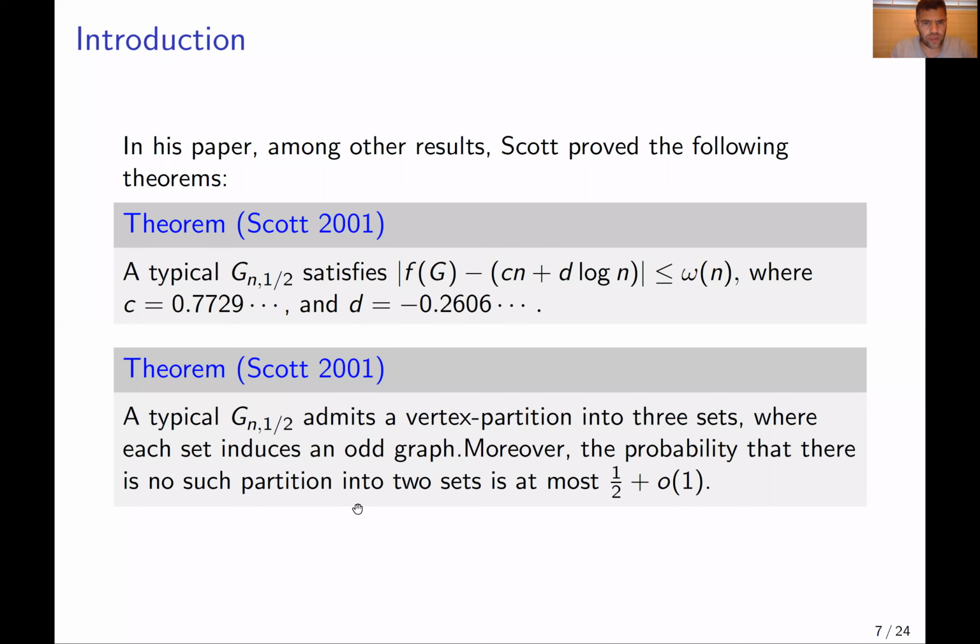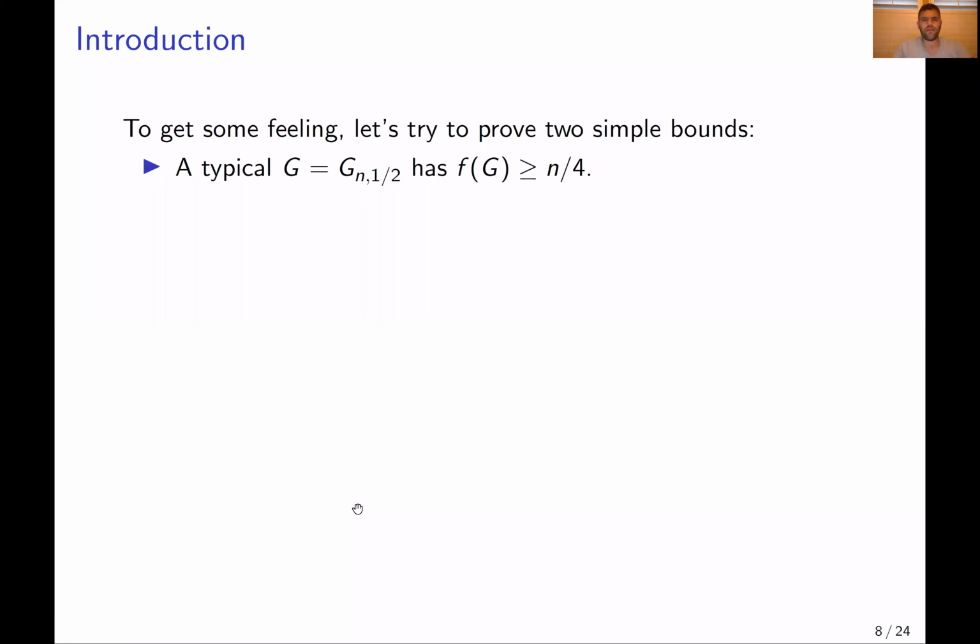So let's try to get some feeling for the problem. For example, let's try to prove that a typical G(n, 1/2) has an induced odd subgraph of size at least n over 4. Do you have any idea? Right, so for example, what do we know?